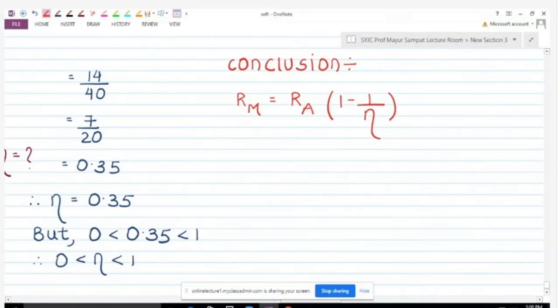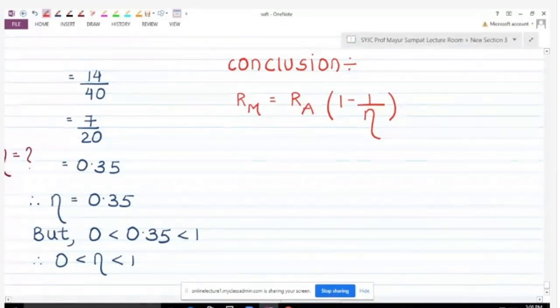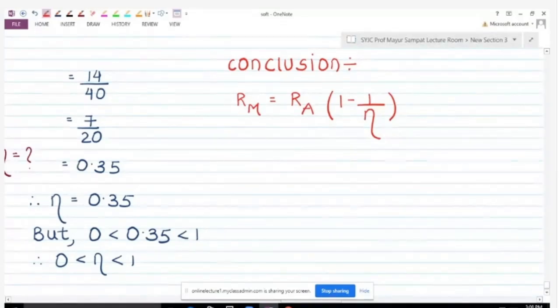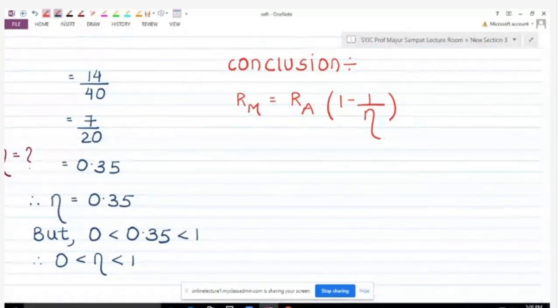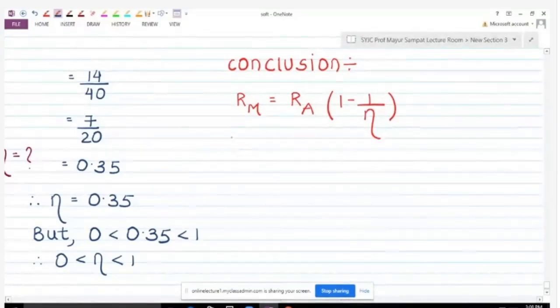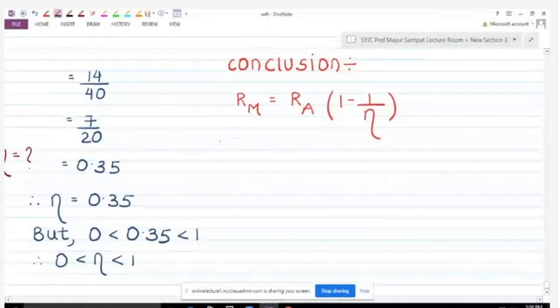Marginal revenue is equal to average revenue into 1 minus 1 upon eta. Out of the 3 values, when you know any 2 values, you can find the third value by using this formula.